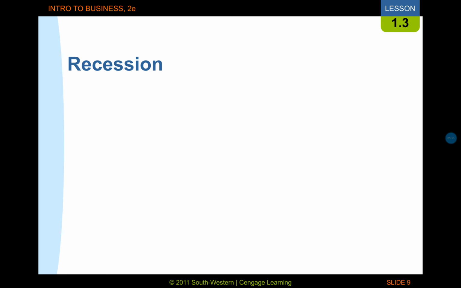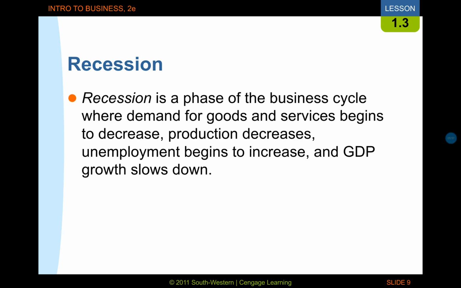Our next phase is recession. Recession is the phase of the business cycle where the demand for goods and services starts to decrease. So therefore our production decreases because there's not as much demand, which then causes unemployment to rise. Then our GDP growth begins to slow down.